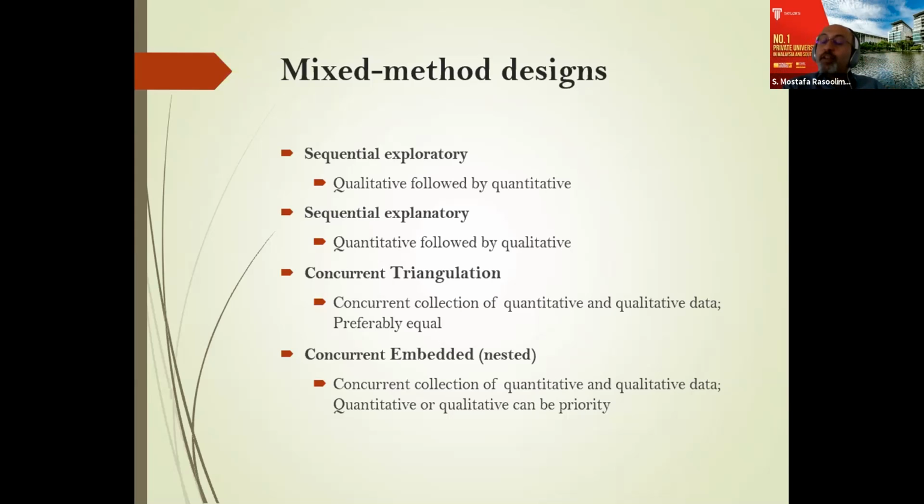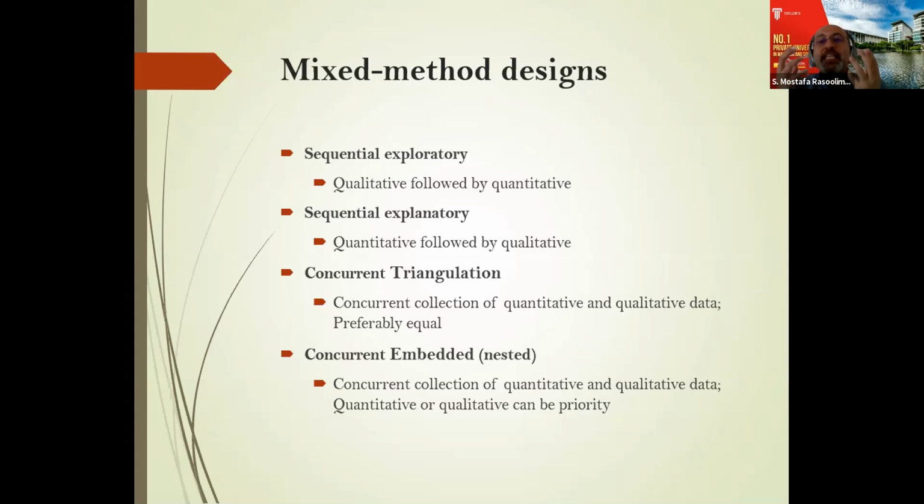For sequential explanatory, when quantitative comes first, quantitative is dominant and qualitative is used to illustrate and explain the results of the quantitative. So most of the time, quantitative is dominant.